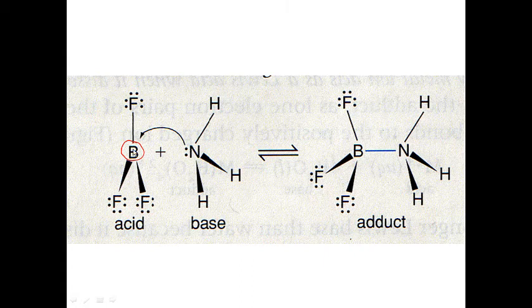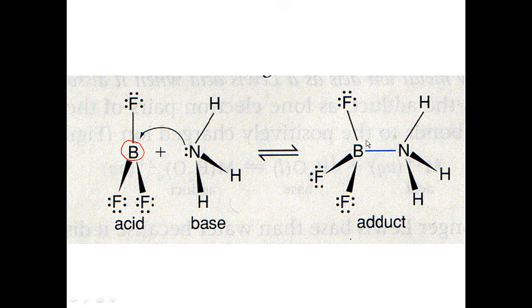And so if we took ammonia and reacted it with BF3, the nitrogen would donate its pair of electrons to the boron to form its single bond, and then the boron would have a completed octet and nitrogen would still have a completed octet.